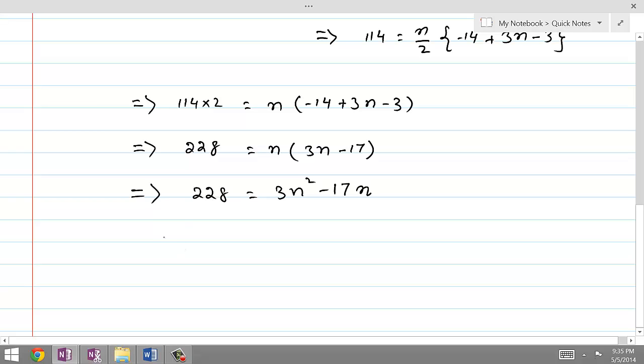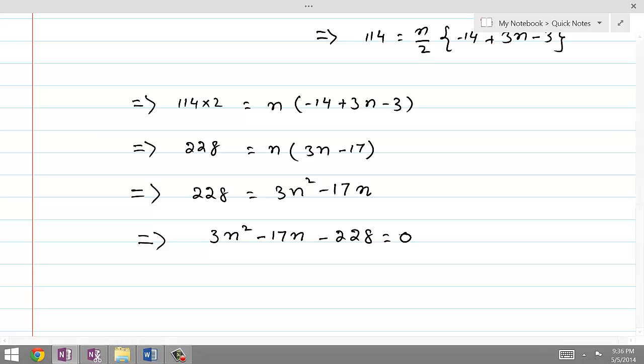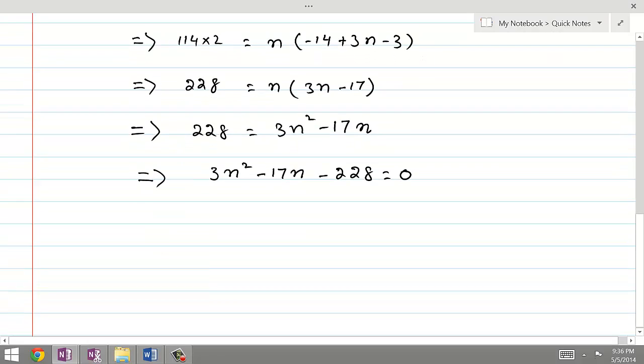And by moving 228 to the other side, this will give the quadratic equation 3n squared minus 17n minus 228 is equal to 0. For n, we will be solving the quadratic equation, and we can either factorize or we can use the quadratic formula.